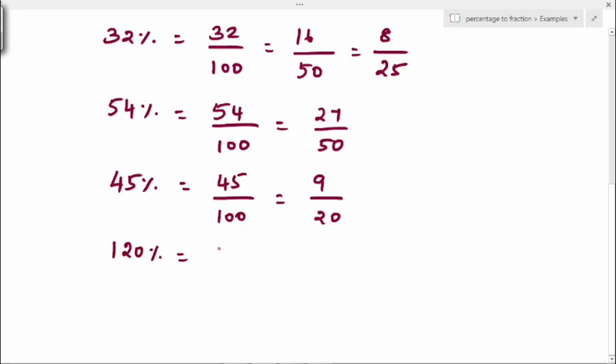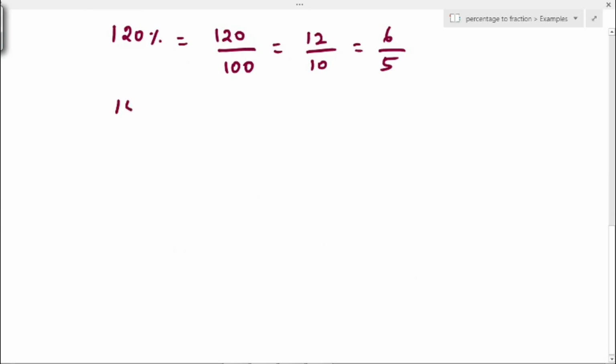This 120% can be written as 120 divided by 100. This can be written as 12 by 10, because one 0 will get cancelled. So we have 12 by 10. If you divide this by 2, you will get 6 divided by 5. So the fraction value is 6 divided by 5.